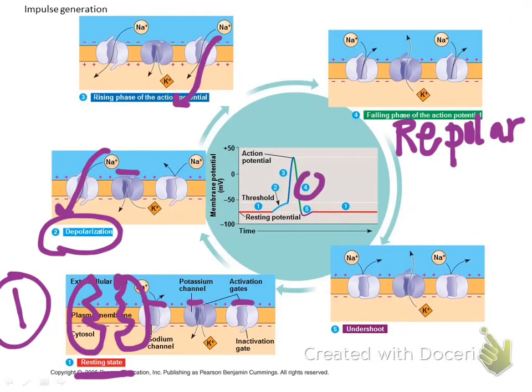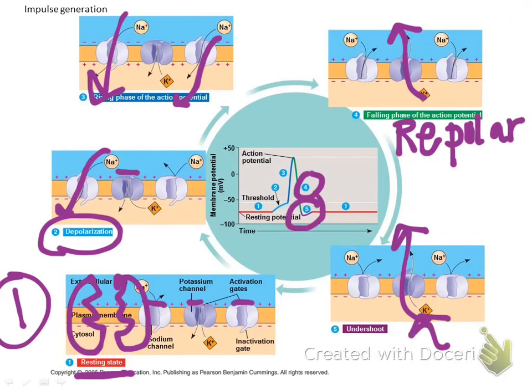We're right here on the graph, and that's where potassium leaves the cell. If you remember salty banana, it's the opposite of that: the sodium goes in and the potassium goes out. Then this would be hyperpolarization, where too much potassium goes out. This is 5 right here. You definitely want to know the steps to that.